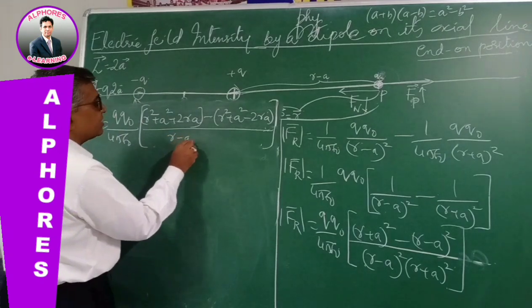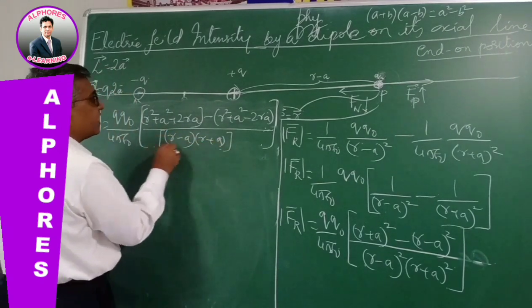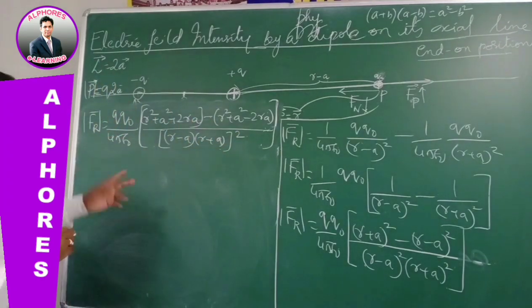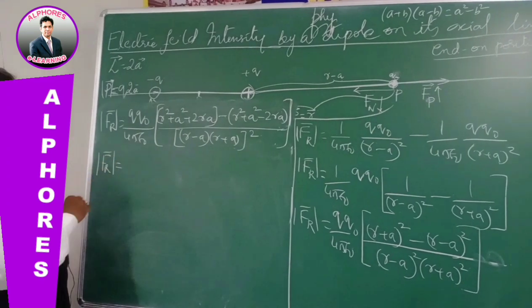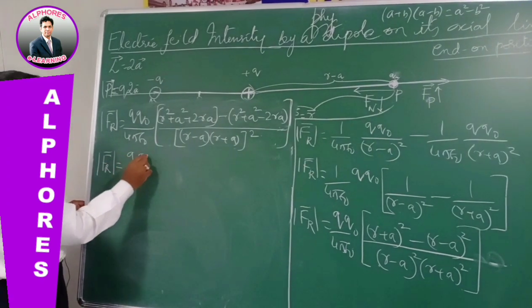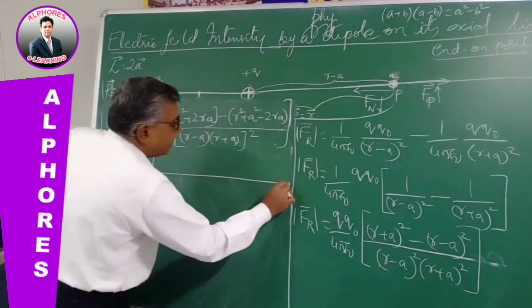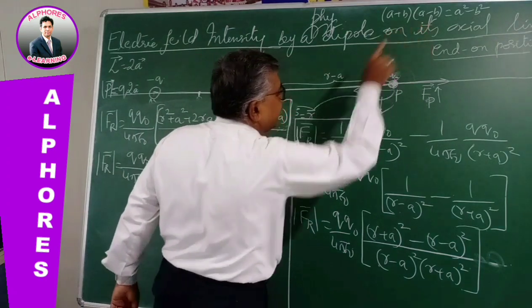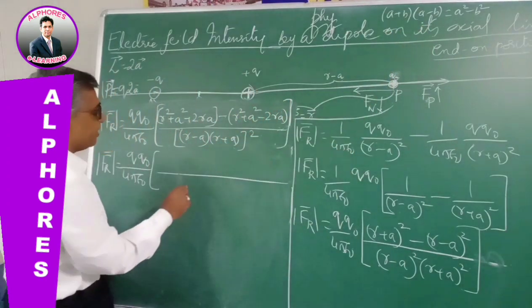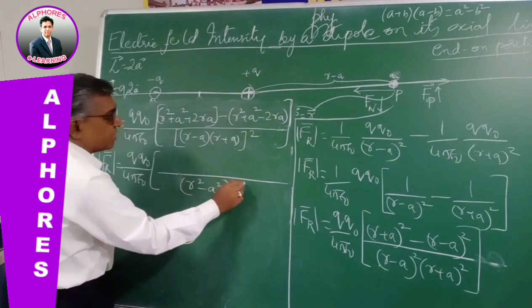It's r minus a into r plus a whole bracket square. Simplifying, so the resultant force is equal to q naught by 4 pi epsilon naught. Now in the denominator, it is a plus b times a minus b. A plus b into a minus b is a square minus b square. So it is r square minus a square whole square.